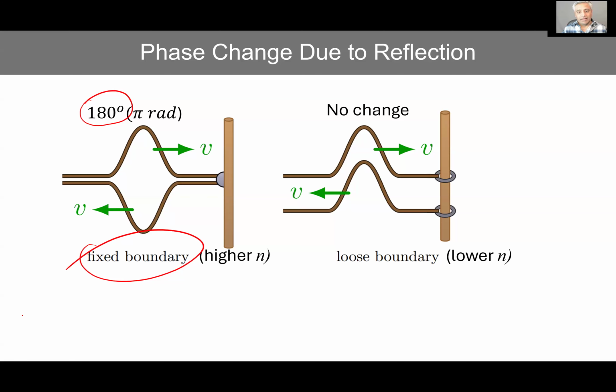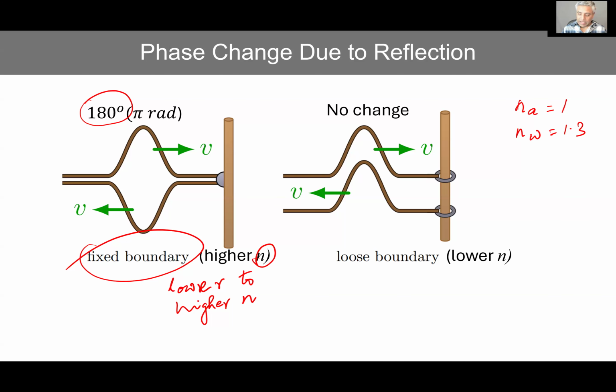In terms of light, what is a fixed boundary for light? For example, if we have light coming from lower refractive index to higher refractive index. N here means refractive index. For example, air has a refractive index of 1, and water has a refractive index of around 1.3.